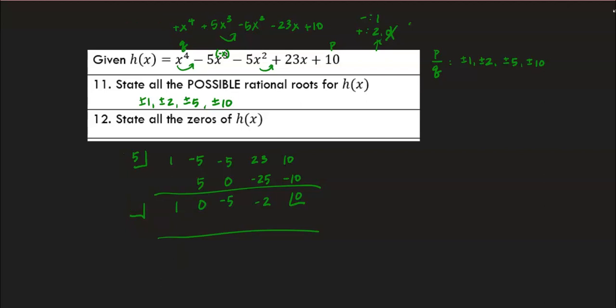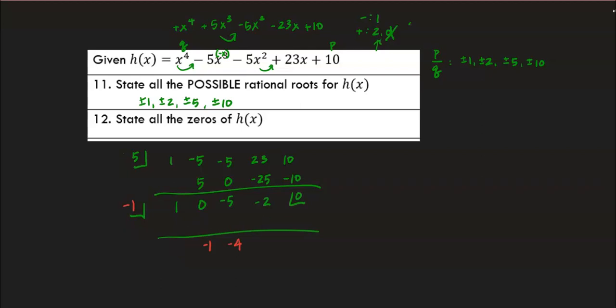Okay, I'm going to try -1. We have a 1, -1, -1, -1, -4. Nope.